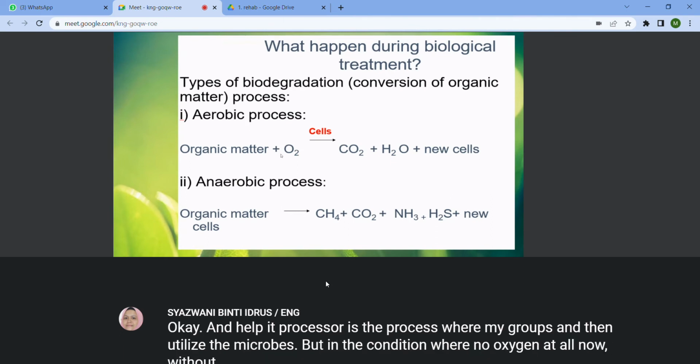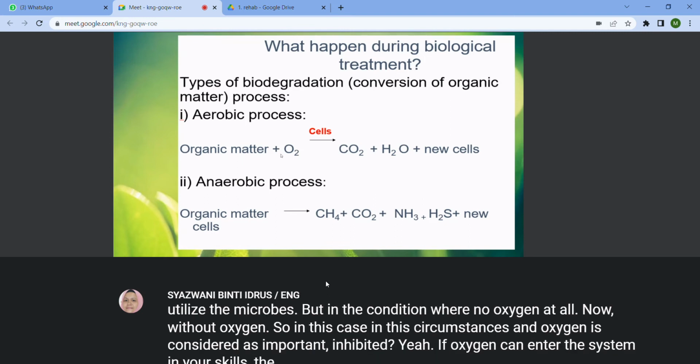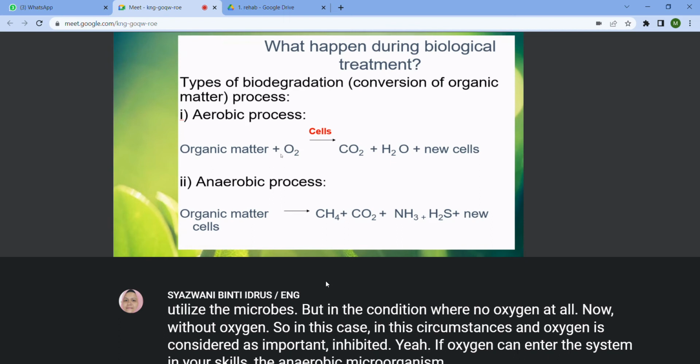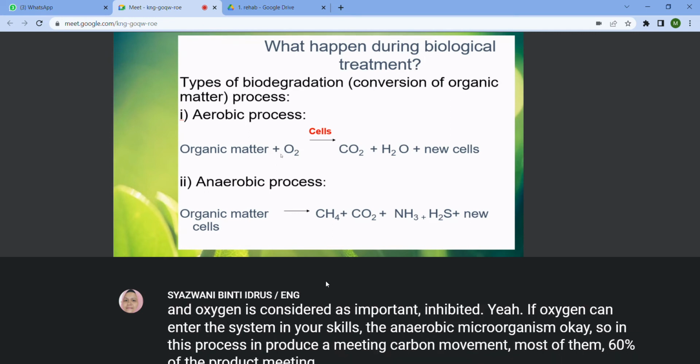In these circumstances, oxygen is considered a potent inhibitor. If oxygen enters the system, it will kill the anaerobic microorganisms. This process produces methane, about 60% of the product, carbon dioxide, some ammonia, hydrogen sulfide, as well as new cells.